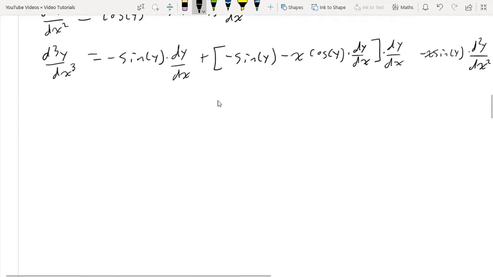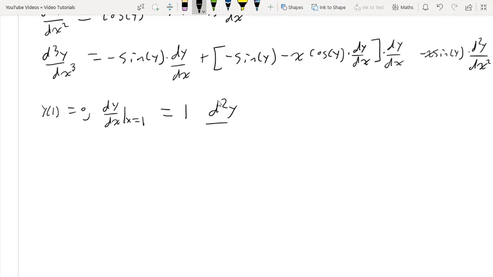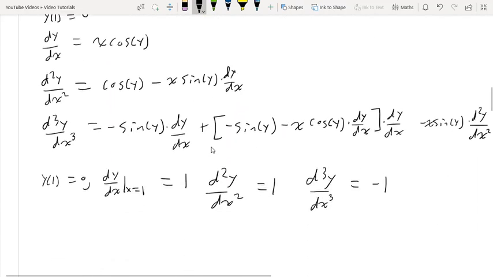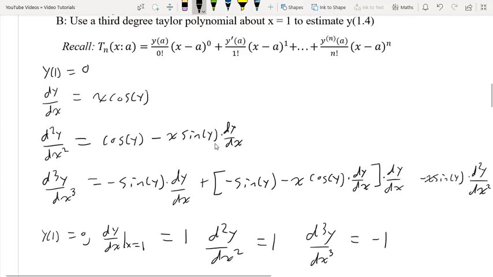If you do that, you're going to find that y of 1 equals 0, dy by dx at x equals 1 is going to equal 1, the second derivative d2y by dx squared is also going to equal 1, and the third derivative is going to equal negative 1. This is just if you substitute the points in. And you'll get that these are your coefficients in your Taylor series. So now that you have this, you can construct the third degree Taylor polynomial.